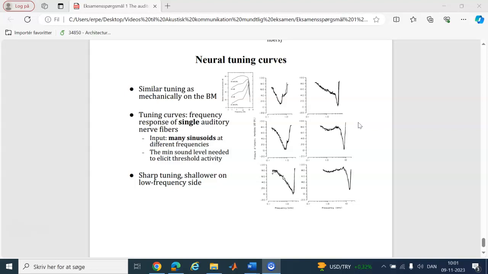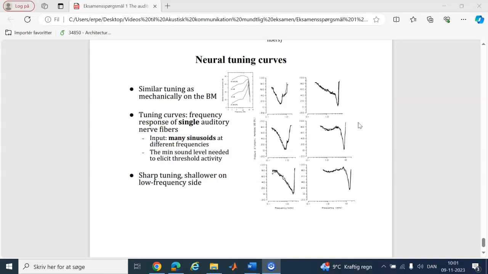The measure is the minimum sound level needed to elicit threshold activity. Sharp tuning, and it's shallower on the low frequency side.